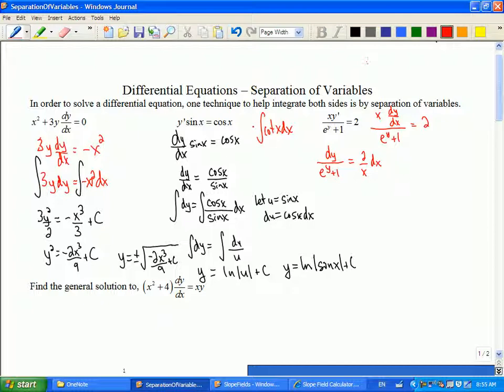And then I'll take the antiderivative of both sides here. Kind of running out of space here. Just going to move a few things.